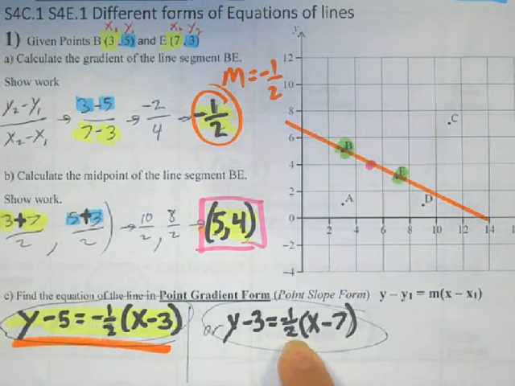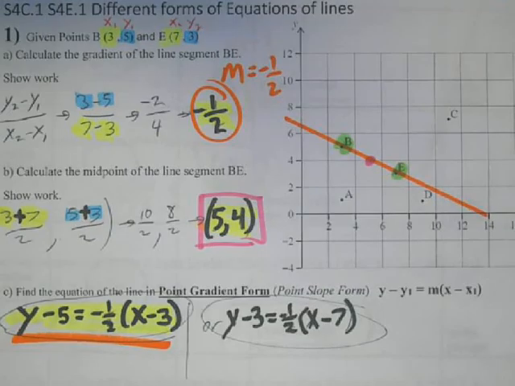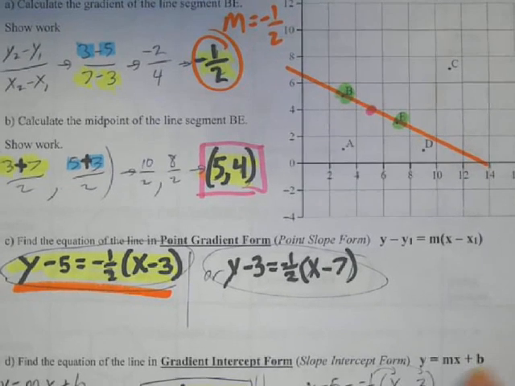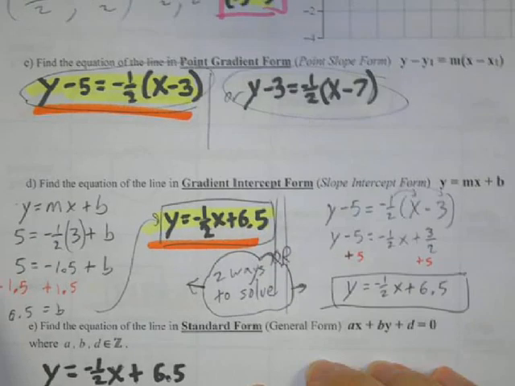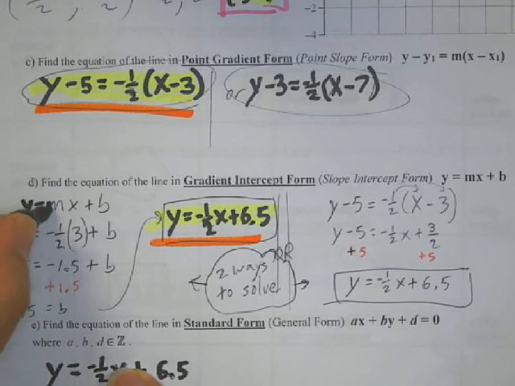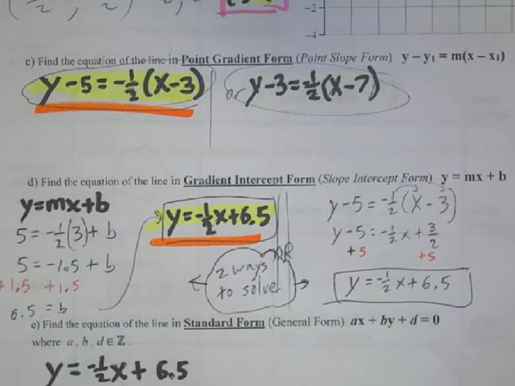Now there's two ways to find it in slope-intercept form. This form you did in Algebra 1 a lot, I'm sure. So let's talk about what I did. Often we just start off with y equals mx plus b, and then I take one of the points.